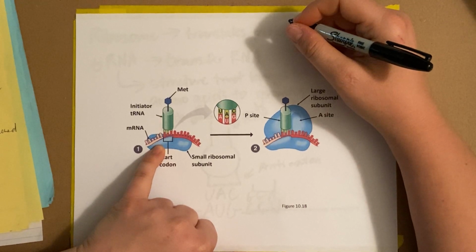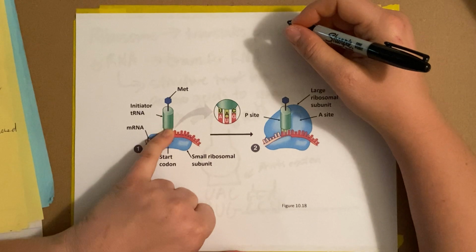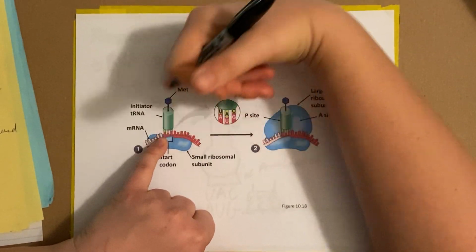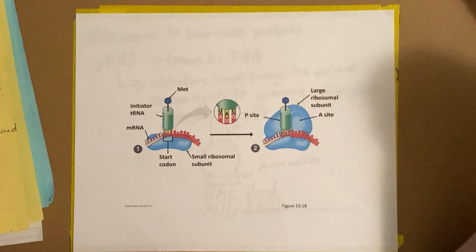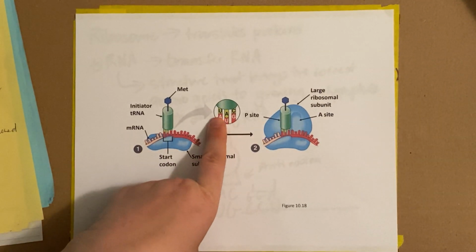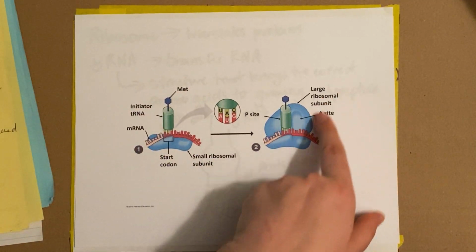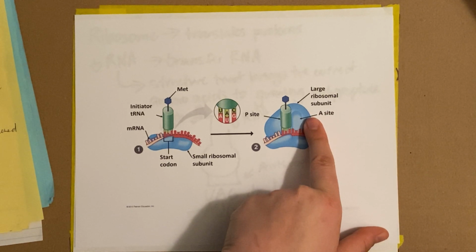Okay, the small subunit of the ribosome is going to then bind to the mRNA strand, and methionine, this tRNA with methionine, is going to come in and is going to start initiating this process. It's going to bind to it because they have corresponding bases. And once this happens, it brings in the large subunit of the ribosome. Okay?